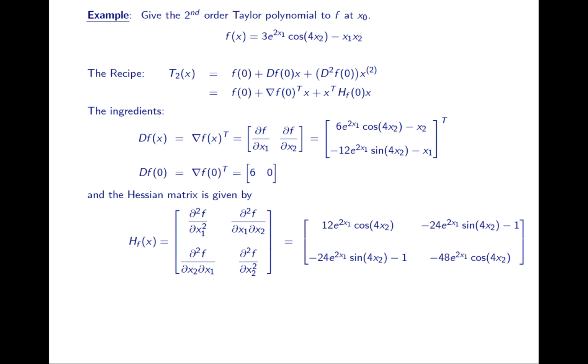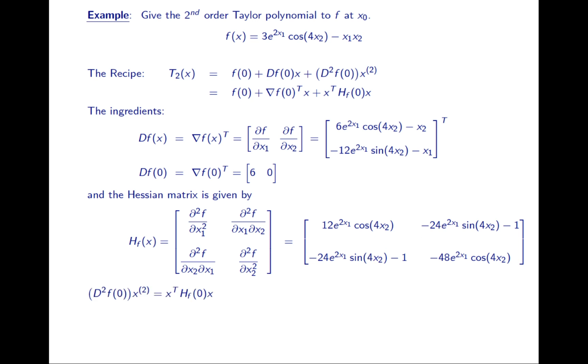And of course we can see that there, that is, the 1, 2 entry and the 2, 1 entry are equal. In other words, if I take this derivative with respect to x2 and this derivative with respect to x1, I will end up with the same outcome, this or this, because they're the same.